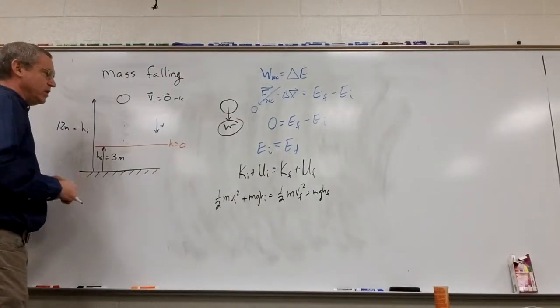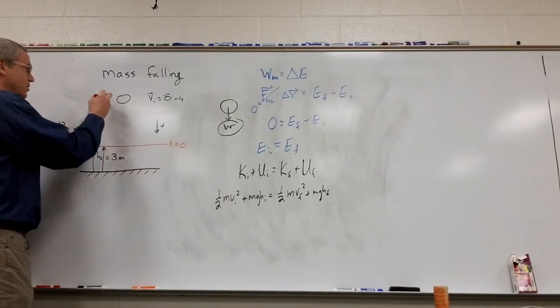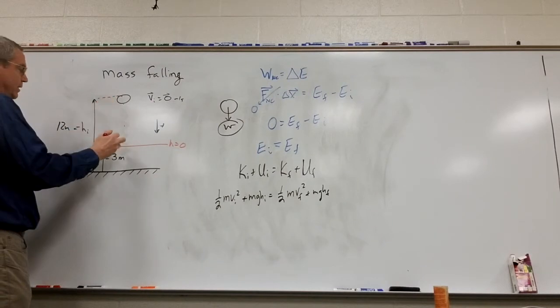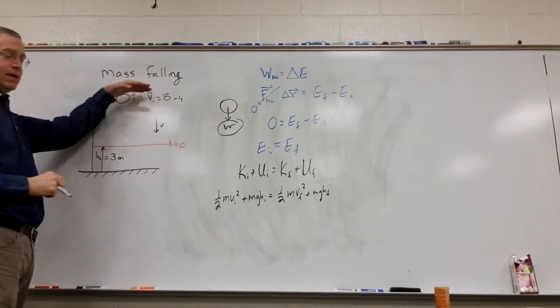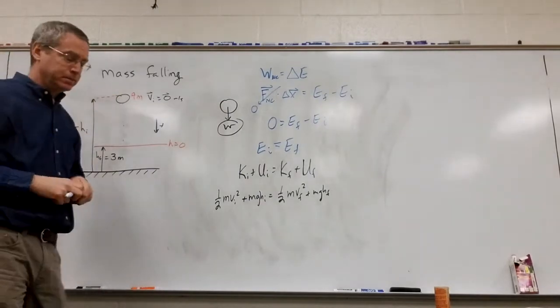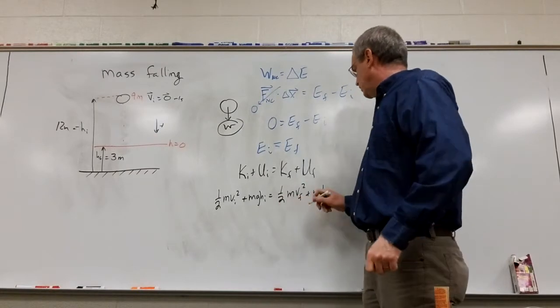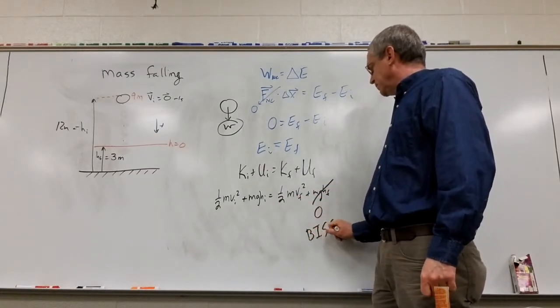So I'm going to let h be 0 here, and therefore my initial height, since this is 0 and not the ground, is going to be 9 meters. If that's 0, that's got to be 9 meters because there's a 9-meter difference between the two. And so my h final is 0 because I say so.